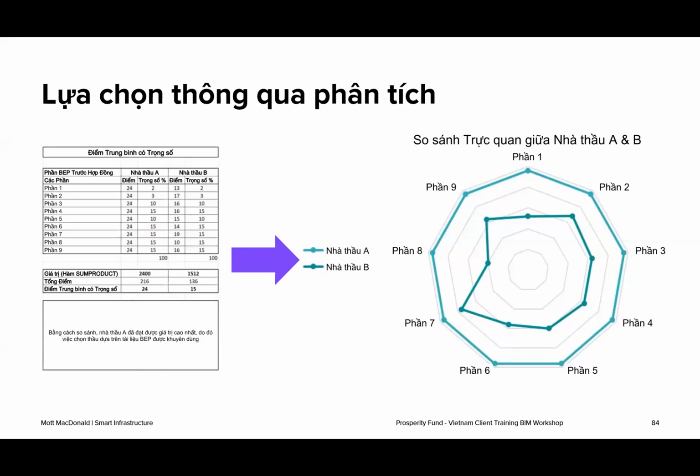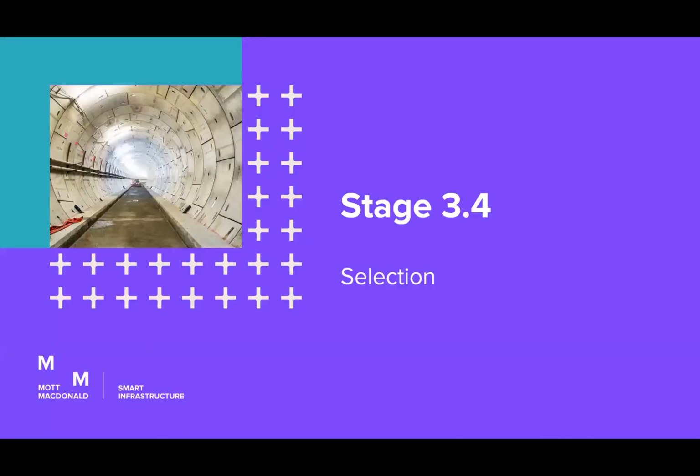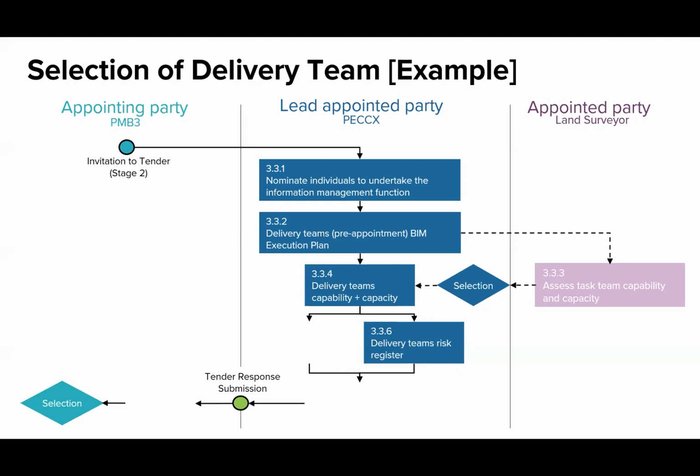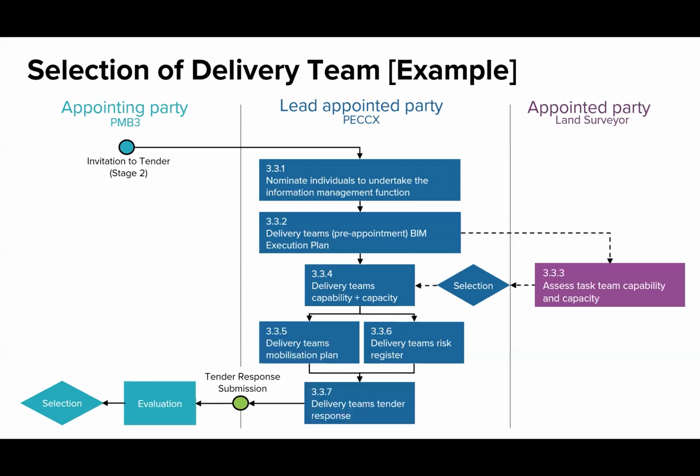Okay. So the last bit is just really a summary of the process. So this is kind of the ISO diagram that I showed at the start of this stage, kind of summarizing that once the ITT has been issued, there's a number of activities for the design team to pull together their tender response, and they'd get information off other task teams or appointed parties that would contribute to the project, and that would feed in to developing the BIM execution plan.